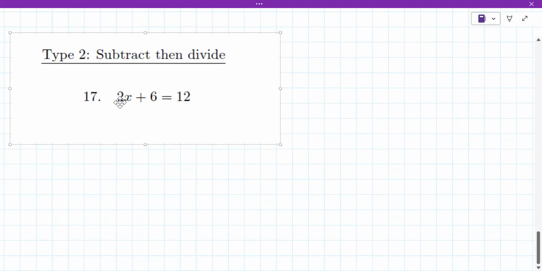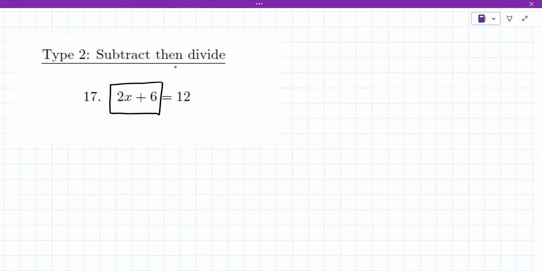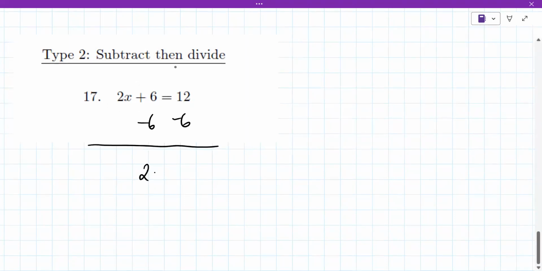Like, are you subtracting 2 or are you subtracting 6? 6. Yes. So you first subtract 6. 2x equals 6. Divide by 2, divide by 2. X equals 3.